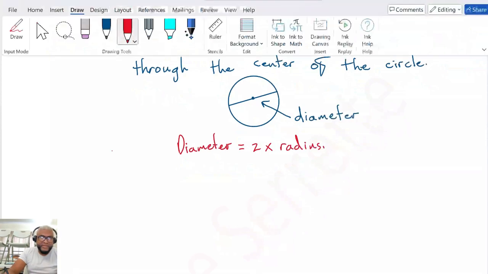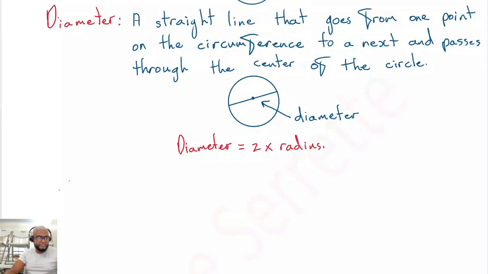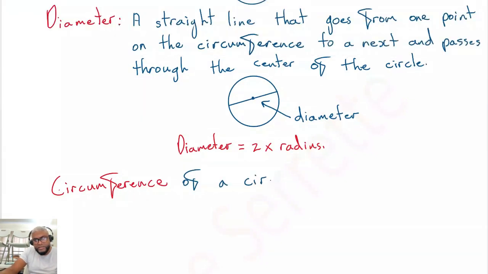So I have your diameter, circumference now. Right, so the circumference of a circle is the distance around.